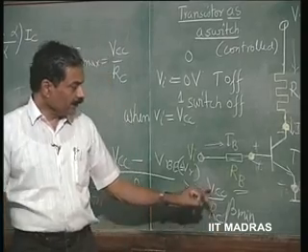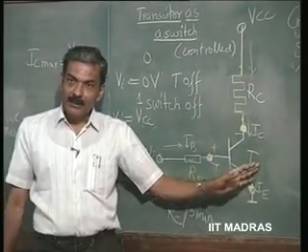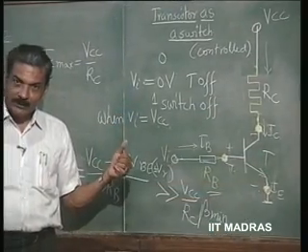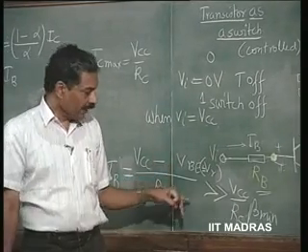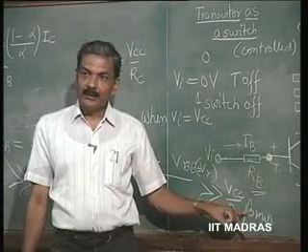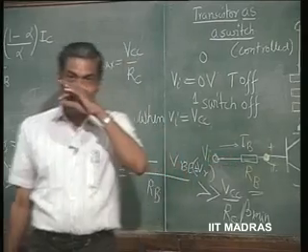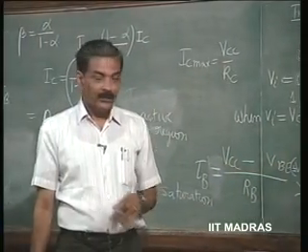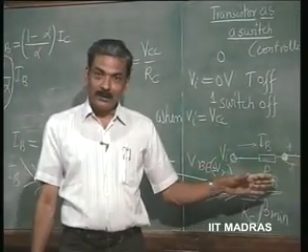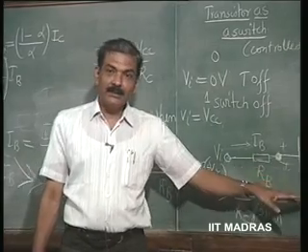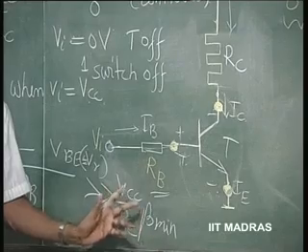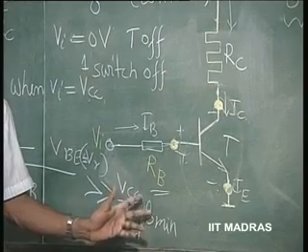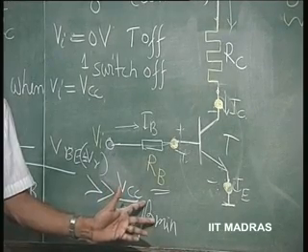So, VCC by RC is the maximum current, that divided by beta minimum, okay, even that current drive is exceeded. So, the base current should be greater than that. If you make it too large compared to that, then it might damage the junction. So, that is why this is called a current limiting resistance. RB cannot be made too small, RB cannot be made too large.